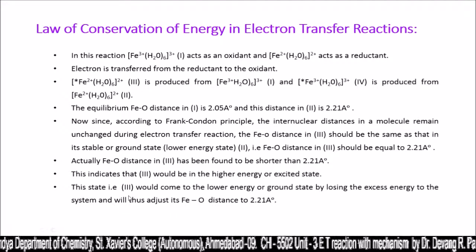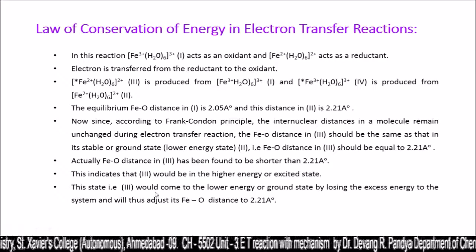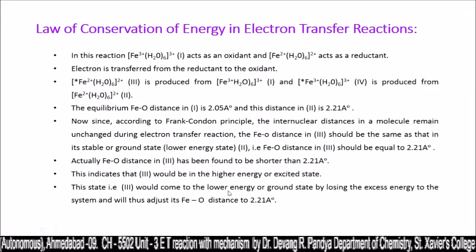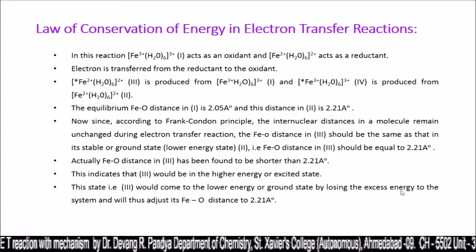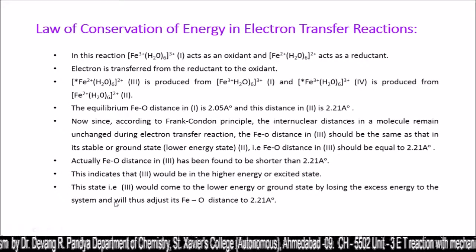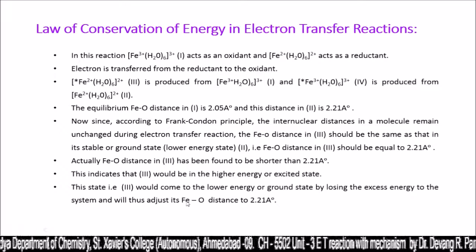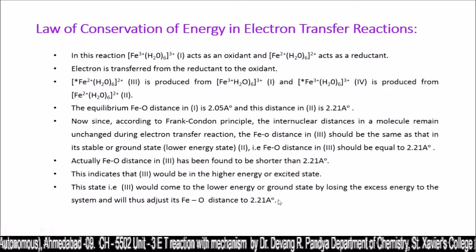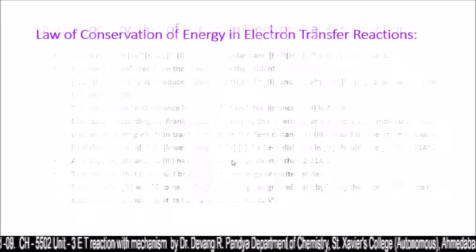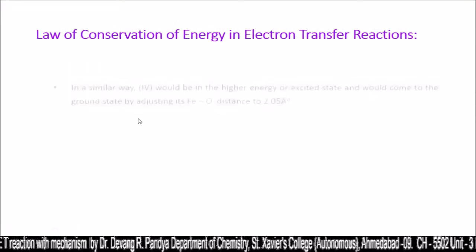This state, for example 3, would come to the lower energy or ground state by losing the excess energy to the system and will thus adjust its Fe oxygen distance to 2.21 angstrom. And that way the energy of the system is conserved.